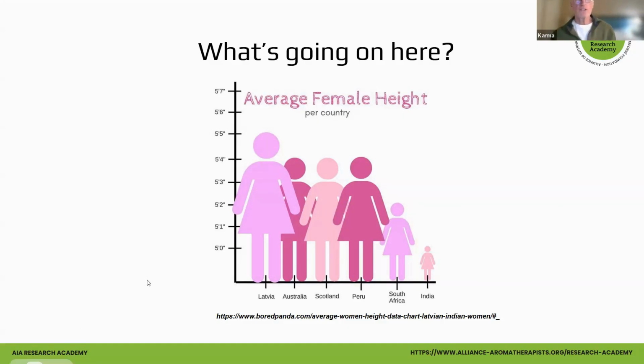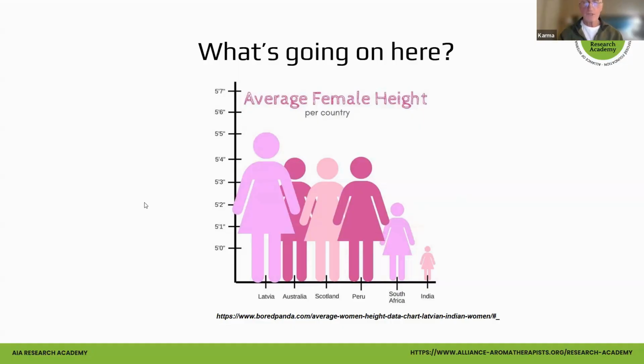The second thing is they're using figures rather than bars. Now, see, these figures have a height and they have a width. If we stretch them out, they look stupid. And so it overemphasizes the difference between this tiny Indian woman and this enormous Latvian woman.